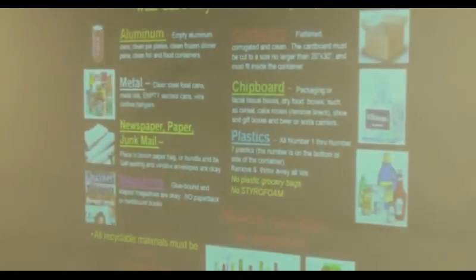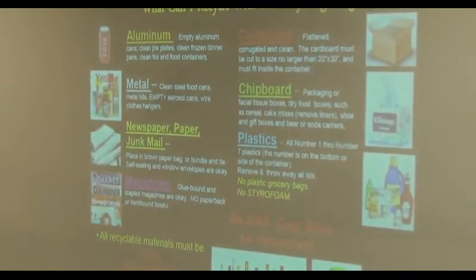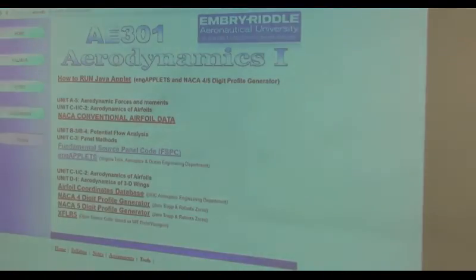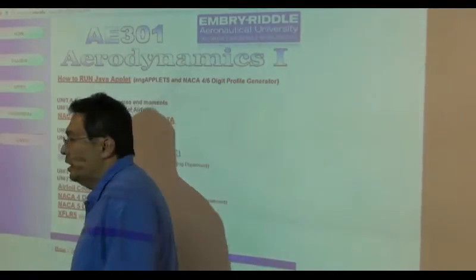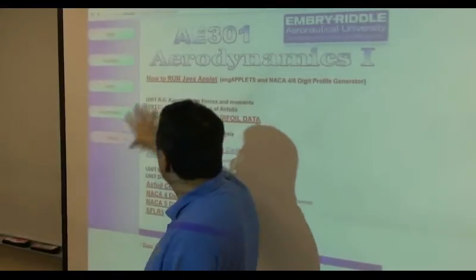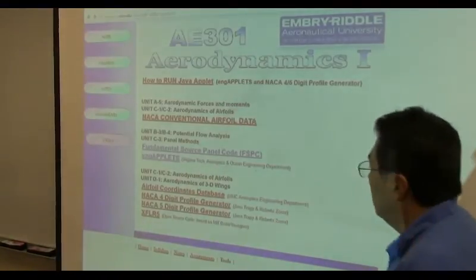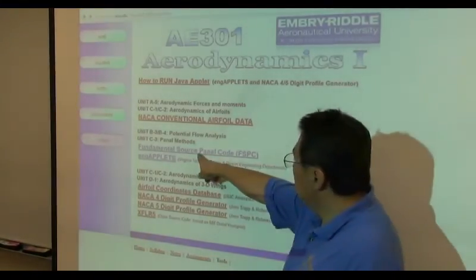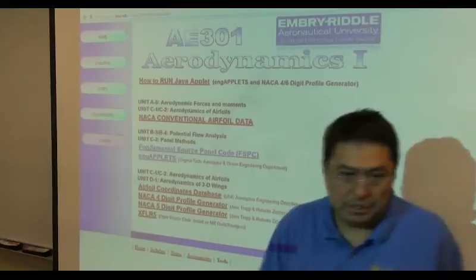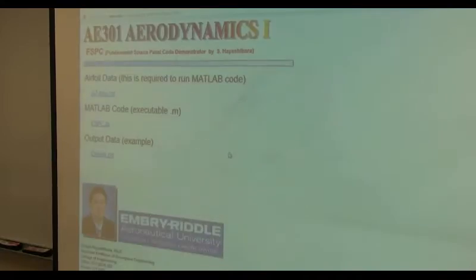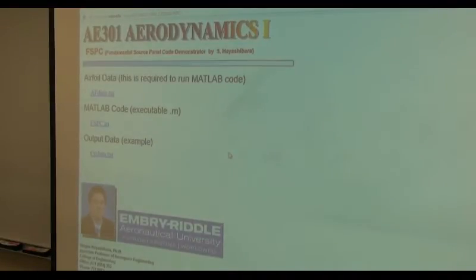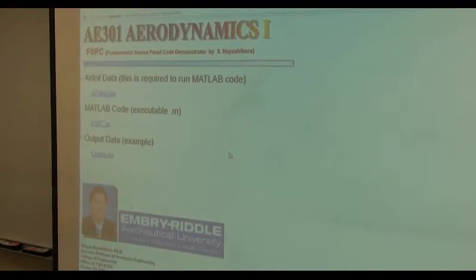Let me show you the home page. If you click on the tools page, it takes you to the tools page. Here you can see the fundamental source panel code, FSPC. Let's click on that. This is the fundamental source panel code demonstrator made by me.